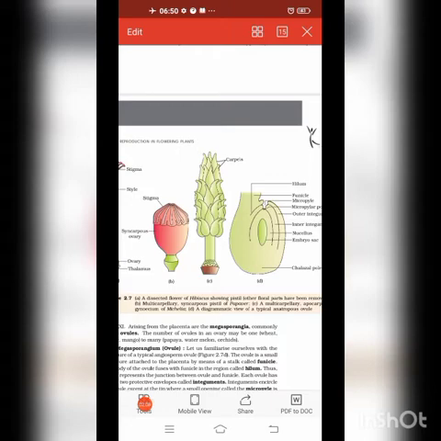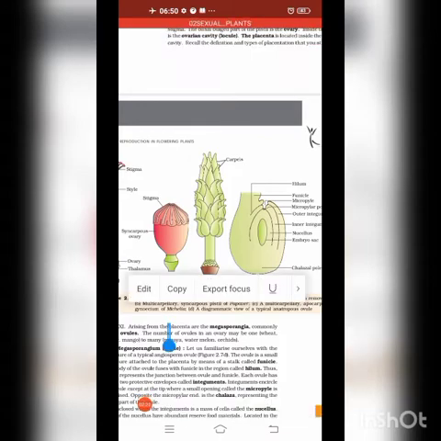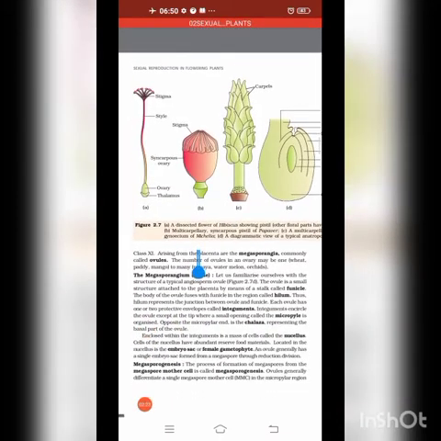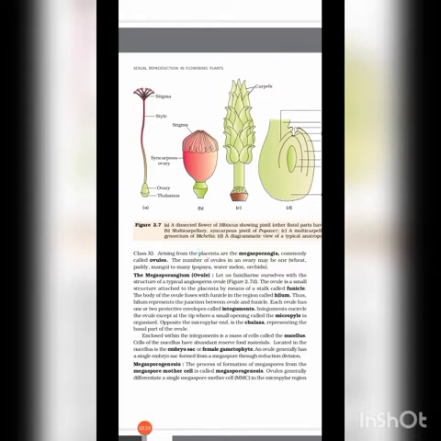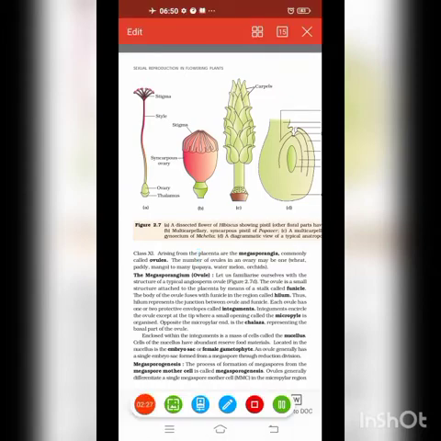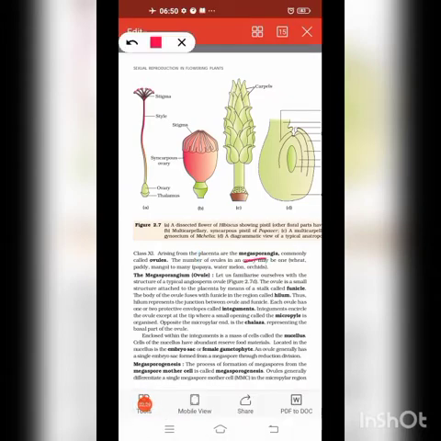If a megaspore mother cell undergoes meiosis, how many megaspores will be formed? 4, isn't it? Because after meiotic division, 4 cells will form. Understood? And this process is known as megasporogenesis.